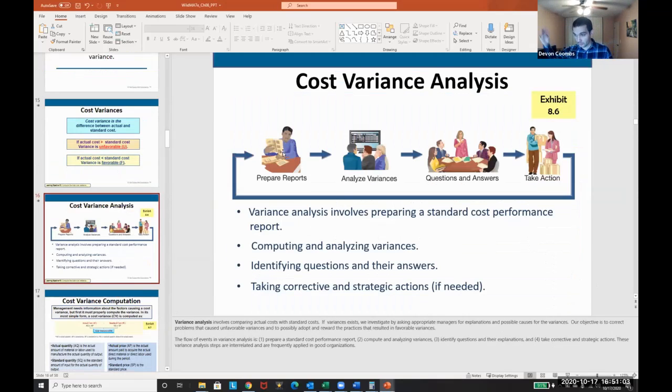We prepare our reports. We would find out that it is costing $15 or more and try to find out, is it driven through the direct materials? Is it driven through the overhead? Is it driven through the labor? We do that through analyzing the variances from the reports we're given. And then we just go talk to the teams, right? I would go to the direct labor department and say, hey, you spent $15 more on your labor.